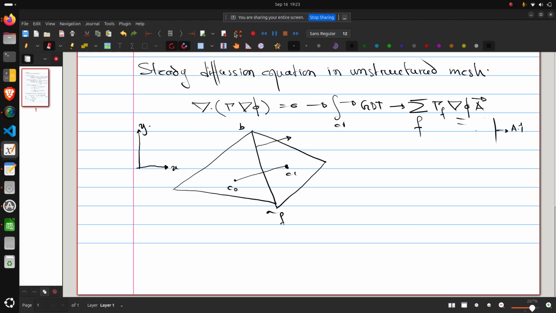So we define a different coordinate system based on the face that is shared by the two cell centers. One will be the direction normal to the face, okay.